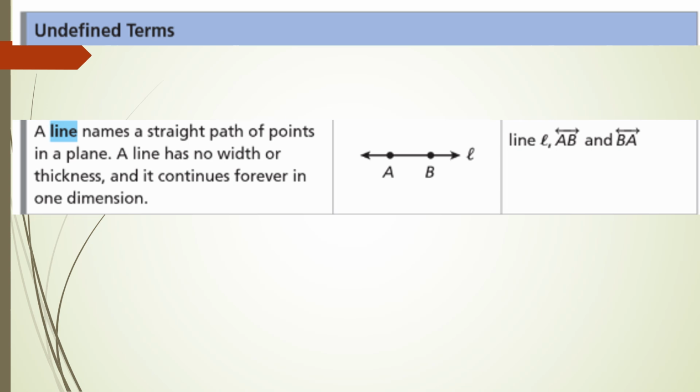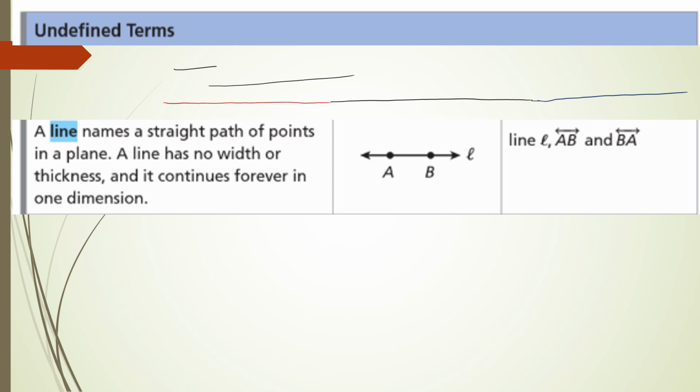A line is also an undefined term, because if I ask you to draw a line, maybe some student draws a line like that. Maybe some student makes an extended line, or wants to extend the line forever. They don't know when to stop, so they keep extending the line in one direction, or maybe on the other direction also.